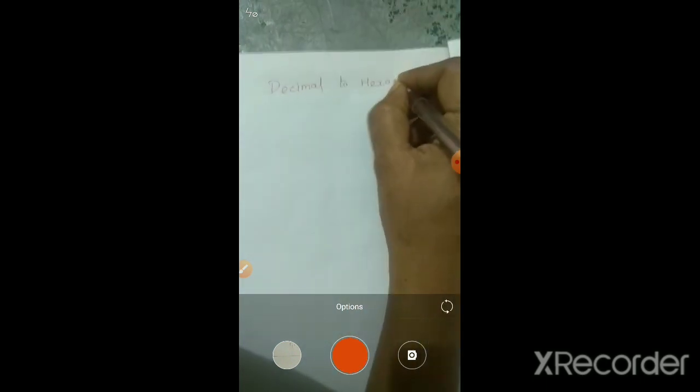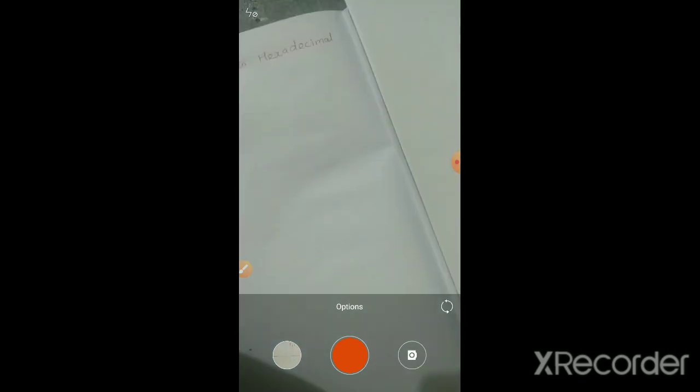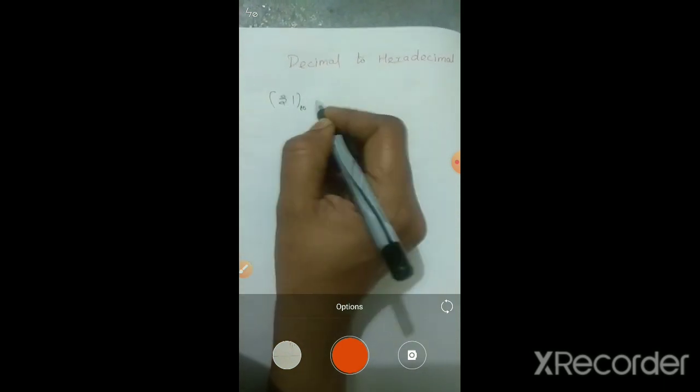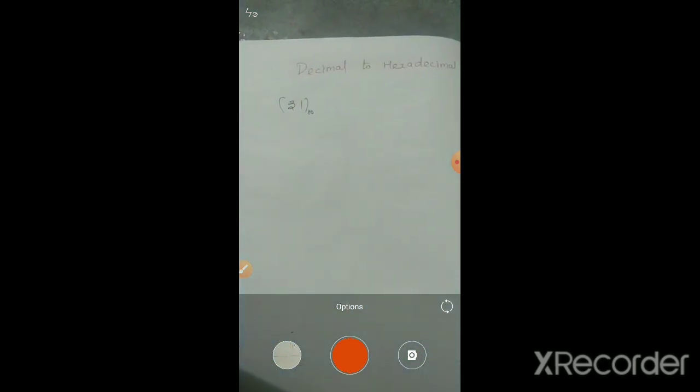Decimal to hexadecimal. What is the number? 31 is the number, and 31 is converted into hexadecimal. How to do this? The same repeated division by 16. The decimal number is divided by 16.